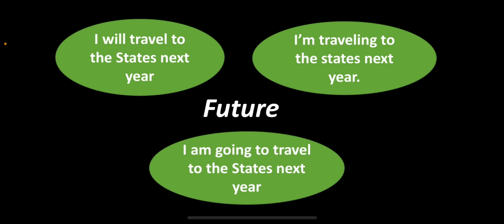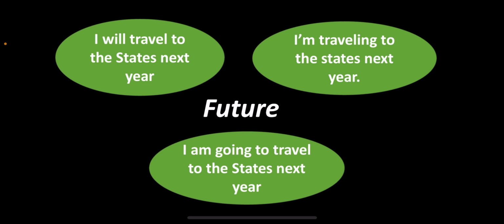So we can say that I will travel to the States next year. It's definitely future, right? You remember that in previous lessons we studied will, and we know that will is like the basic or the most common way of expressing future in English. And probably you also remember that going to expresses future.